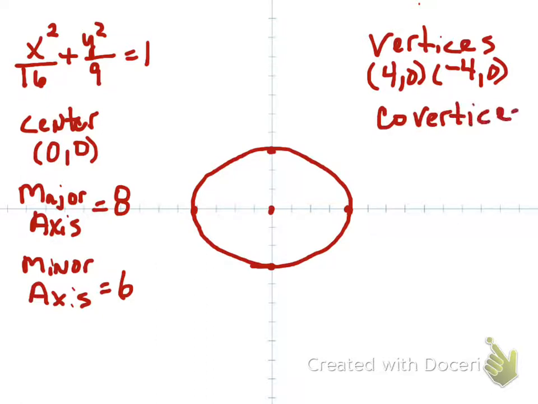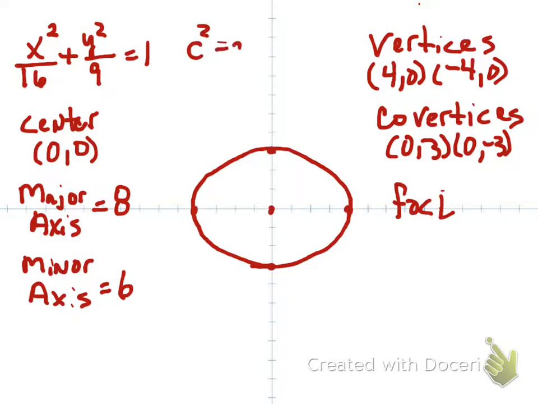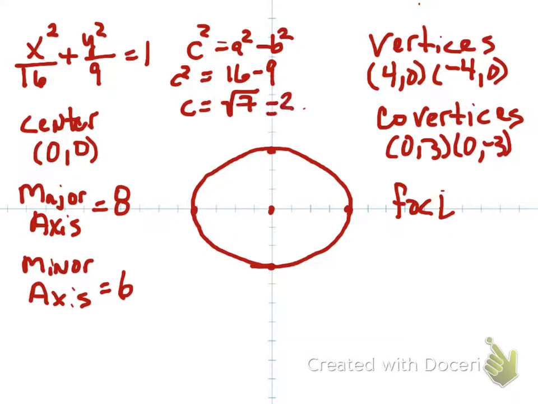So then to find the foci, again, they're going to be along the x-axis. I would say 16 minus 9, which is 7, and then take the square root of 7. So all I did there was subtract. The square root of 7 is about 2.6.